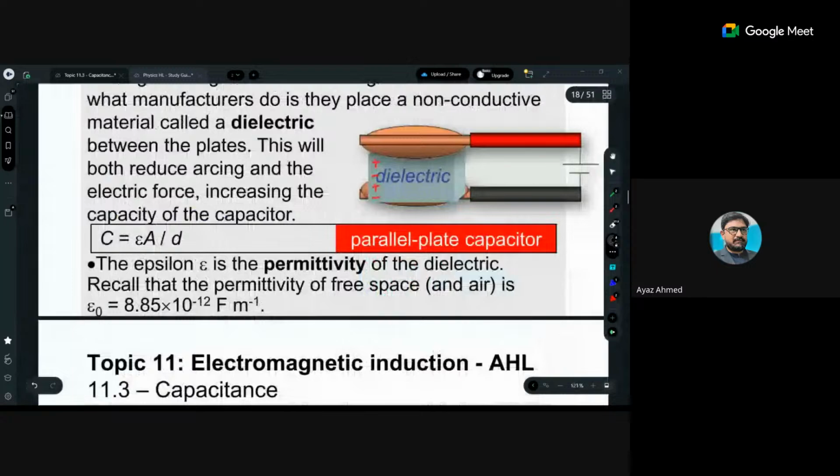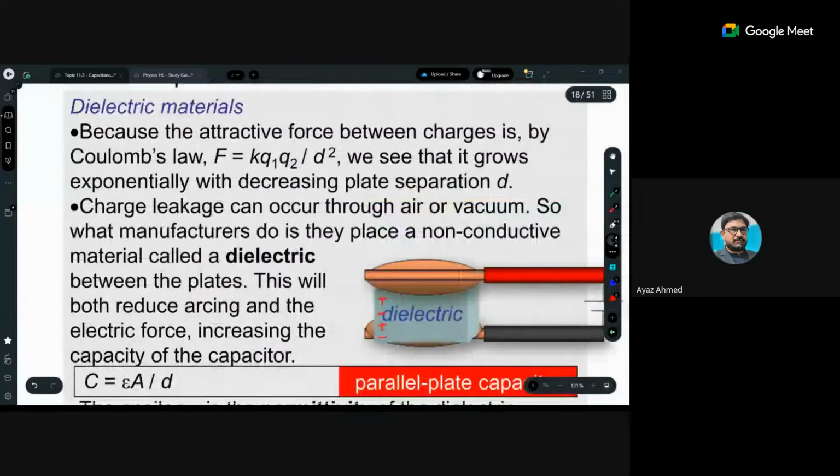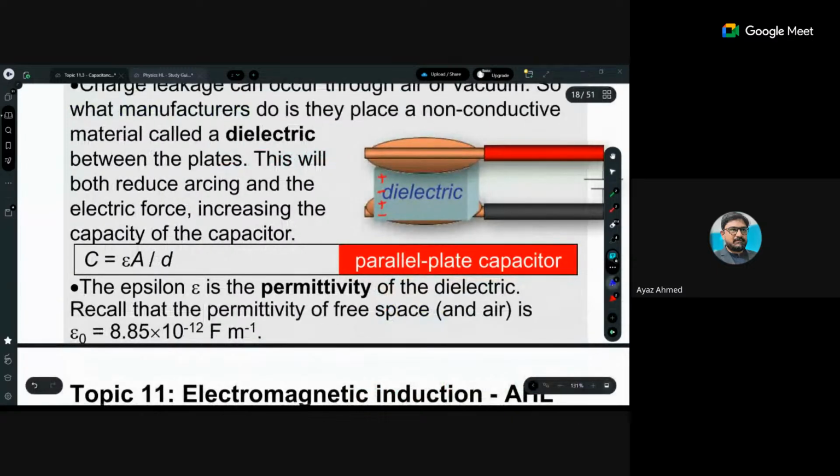So the energy is stored, and here is the equation for the capacitance of a capacitor. I have referred all of that over here for your convenience. Capacitance is directly proportional to the area of the plates, and inversely proportional to the separation between the plates.